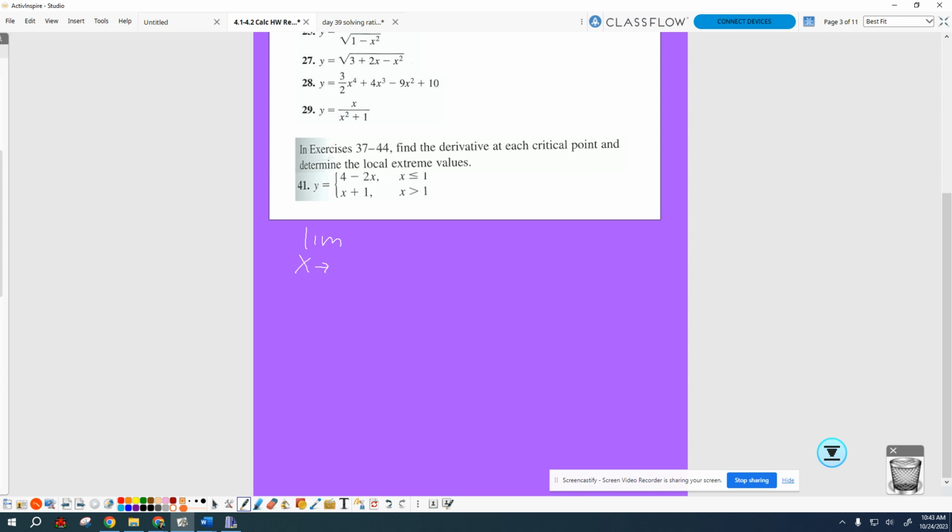As we approach 1 from the left, I get 2, which is also the function value at 1. And as I approach 1 from the right, it's 2. So from the left and the right and at the function, it's equal to 2, so it's continuous.